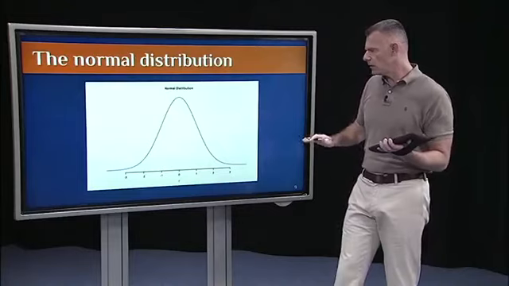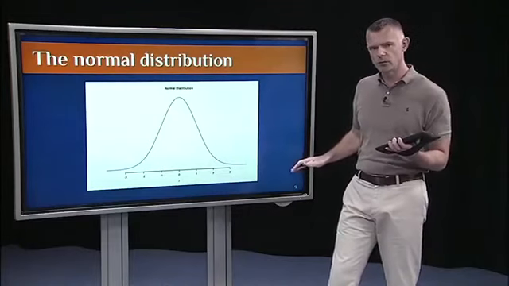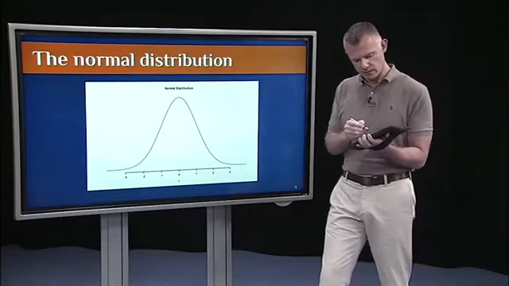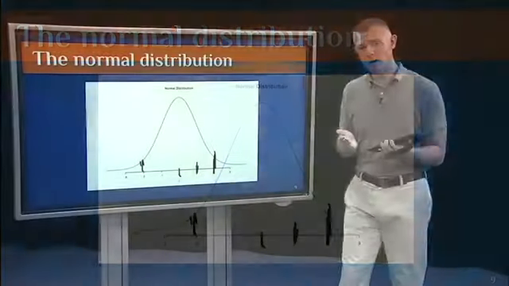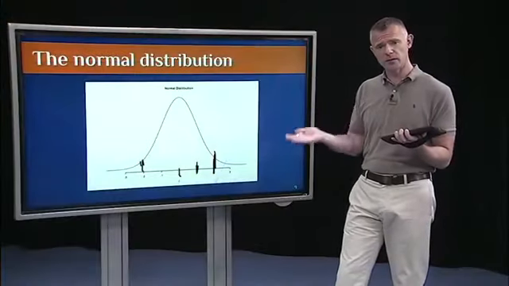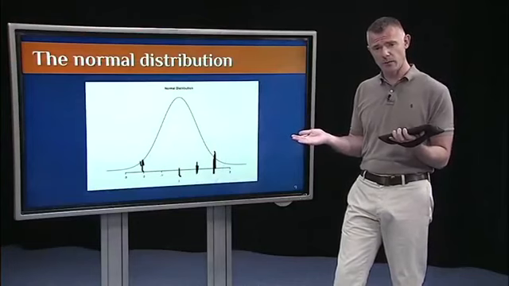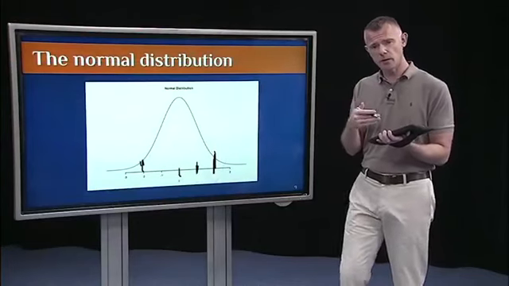So here is a perfectly normal distribution, and again, standardized. So the mean is 0. 1 standard deviation falls about here, and 2 standard deviations is out here, and 2 standard deviations below the mean down here. A couple of things to notice about this perfectly normal distribution. One, it's symmetrical, so 50% of the distribution falls above the mean, 50% falls below the mean.